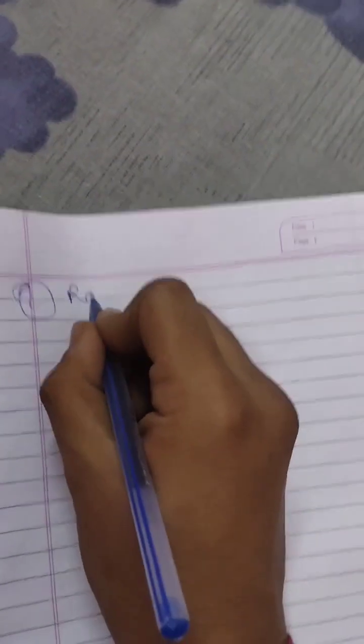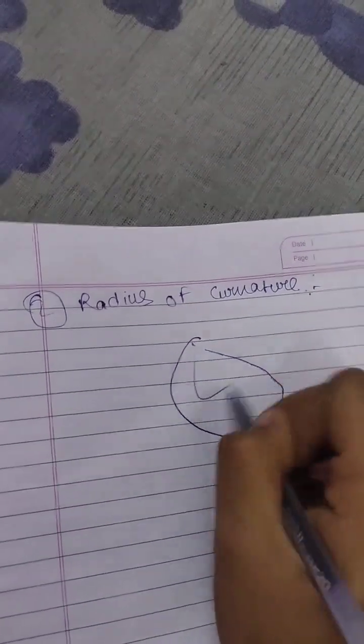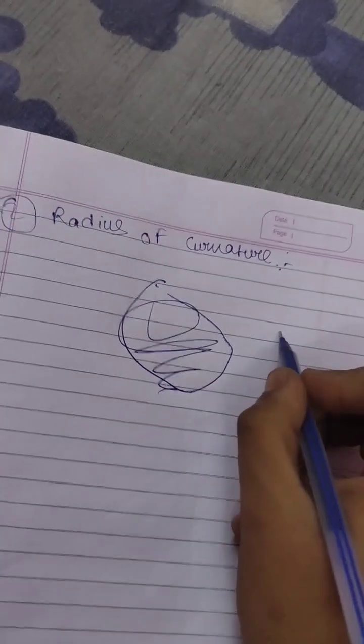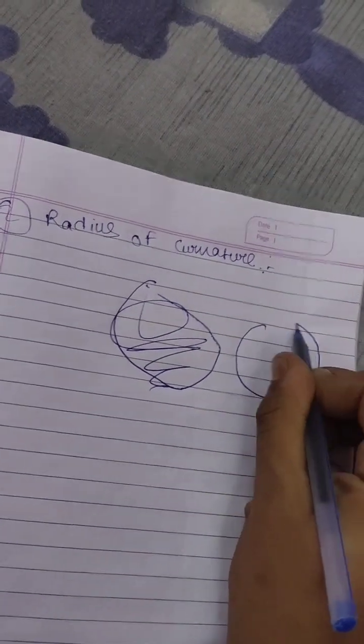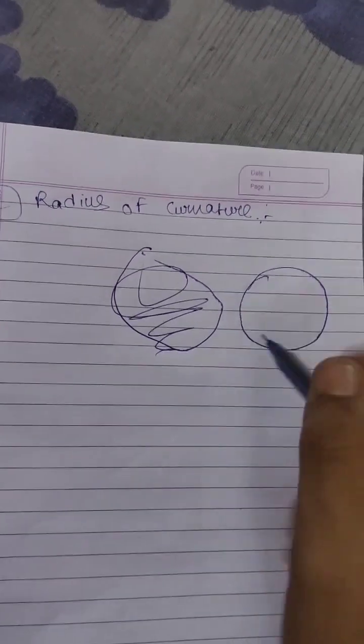Okay. Now, radius of curvature. This is component number 2. Now the 2D figure, the circle. Sorry, now I will draw nicely. I have drawn nicely. Radius of curvature.